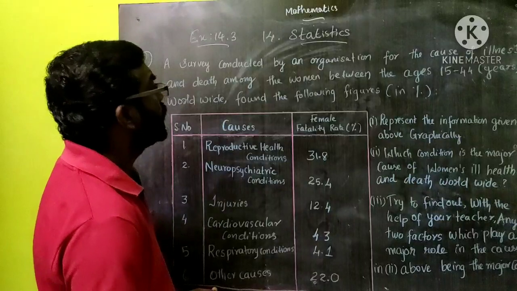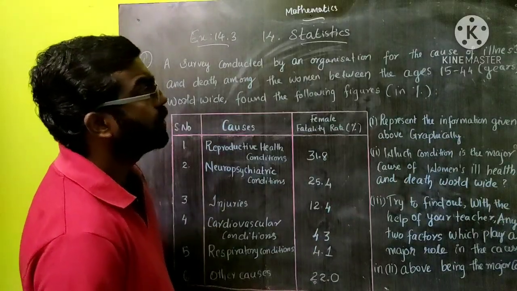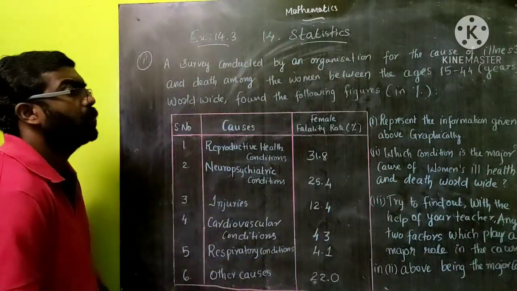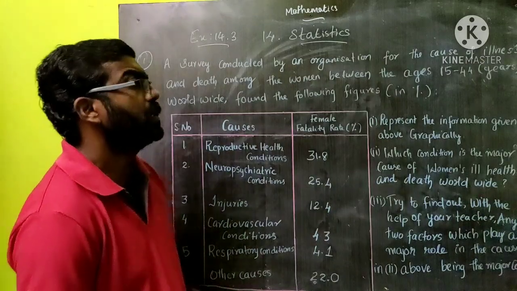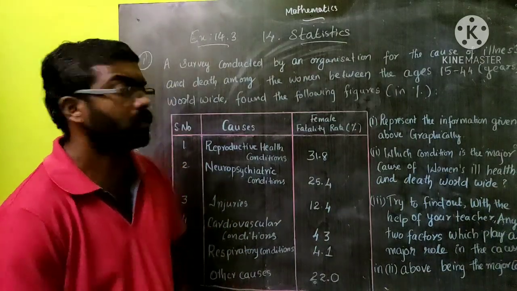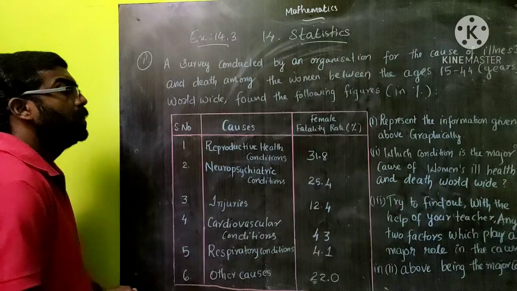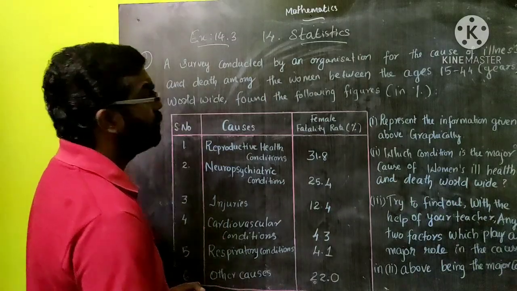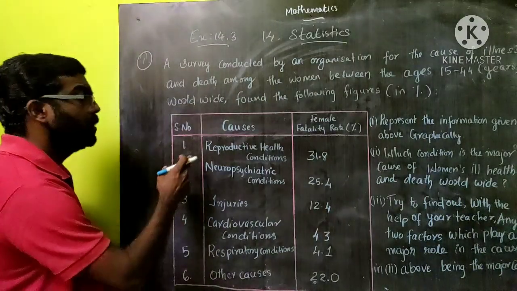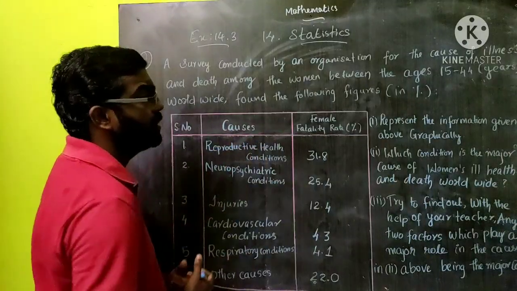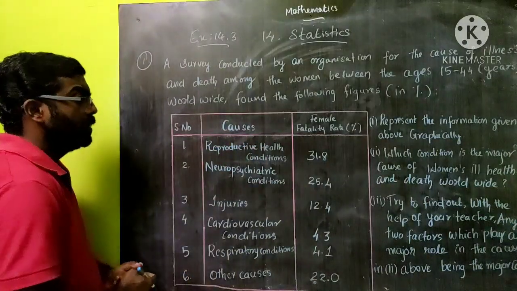Here a survey conducted by an organization for the cause of illness and death among women between the ages of 15 to 44 years worldwide found the following figures in percentage. Serial number, causes, female fatality rate in percentage.